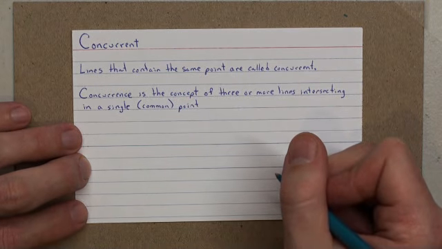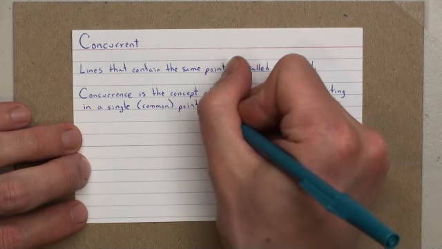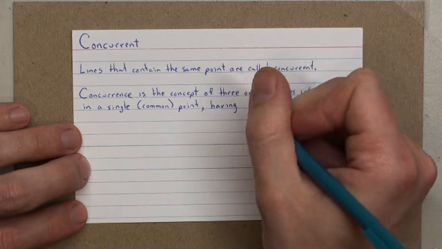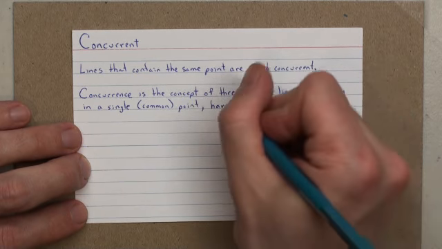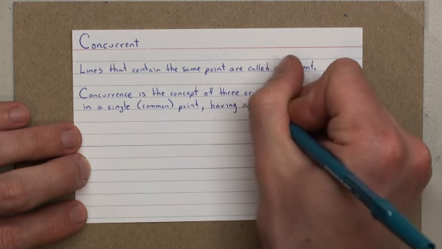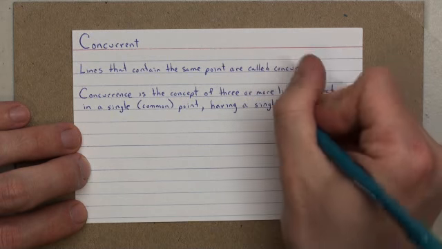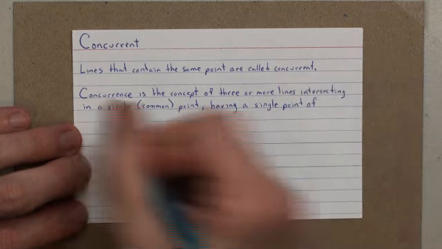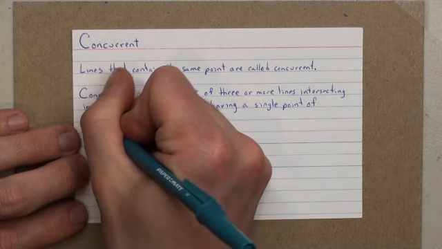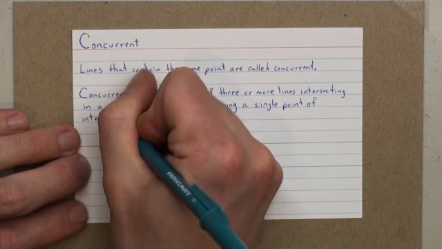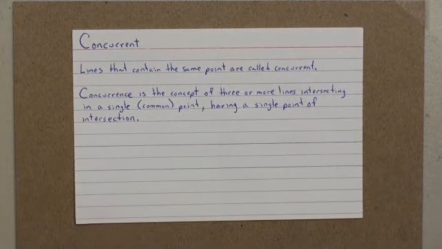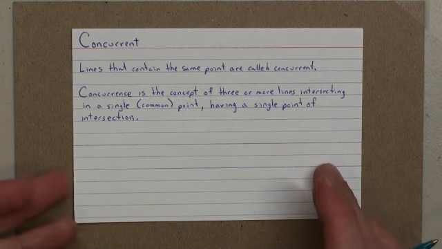Okay? Or in other words, having a single point of intersection. And we're going to see exactly what that means. Okay? So, that's concurrent. Let's put that aside.